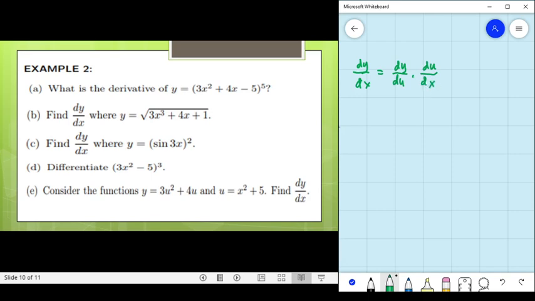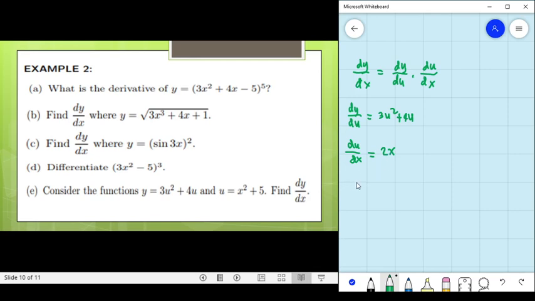Okay, so in this case the derivative of y with respect to u is 3u squared plus 4u, and the derivative of u with respect to x: since u is x squared plus 5, the derivative of u is 2x.